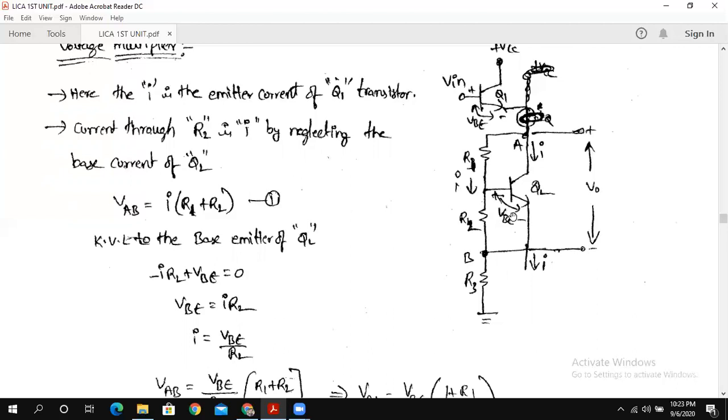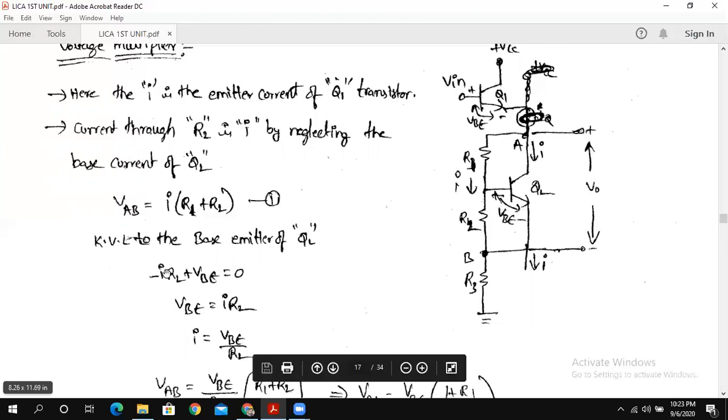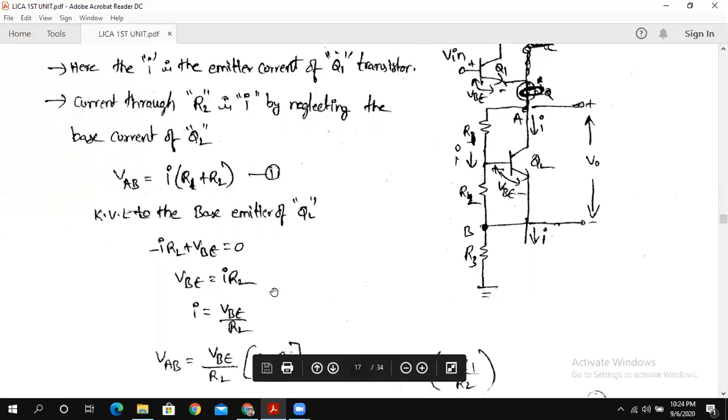Coming to this point B, E is equal to 0. Here we have only the R2 resistor and the base emitter junction. So minus I into R2 plus VBE is equal to 0. From this equation, we can write that VBE is equal to I into R2.